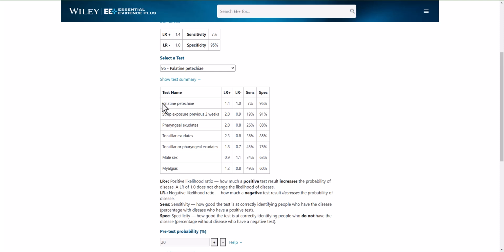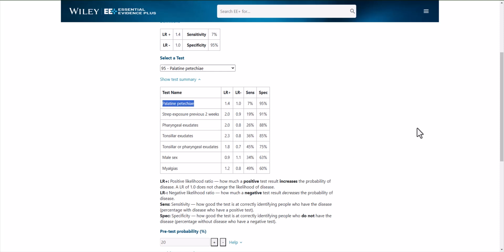So for example, if I were to look at a history and physical, so this would be like a physical exam indicator, palatine petechiae. So basically like little petechiae on the top of the palate. It will tell me that the LR positive is 1.4, the LR negative is 1.0, and the sensitivity is 7%, and the specificity is 95%. And then it can go down through all the different indicators.